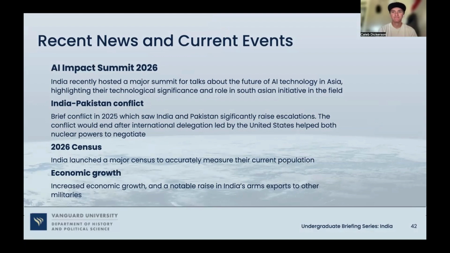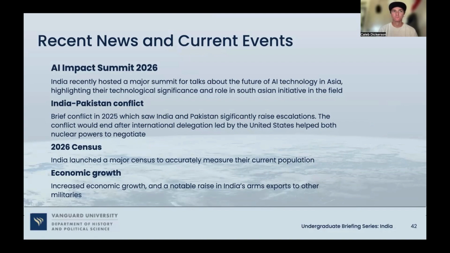So just to quickly cover some recent news that's important to this overall talk about India. The first thing we'll go over is that recently in February, India held an AI Impact Summit, which was essentially a big meeting of multiple nations that came together for talks about the future of AI and showed off some of their creations and ways that they could innovate with AI.